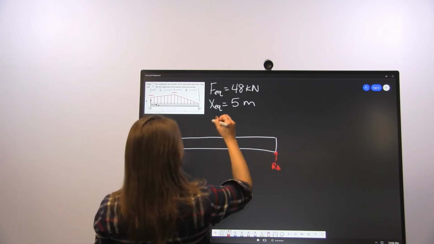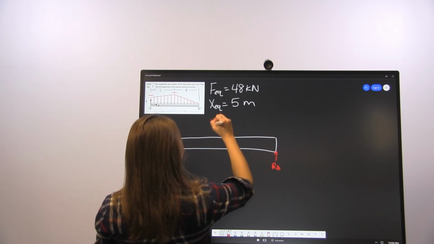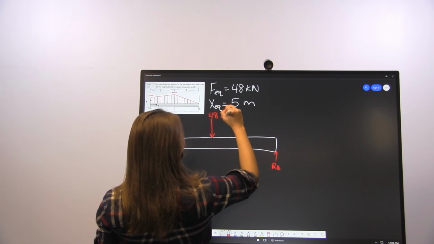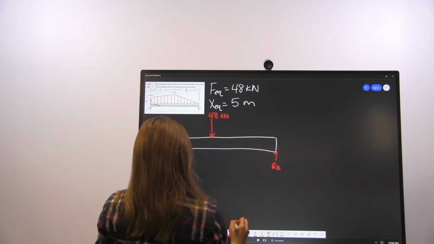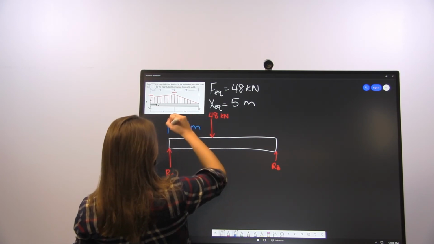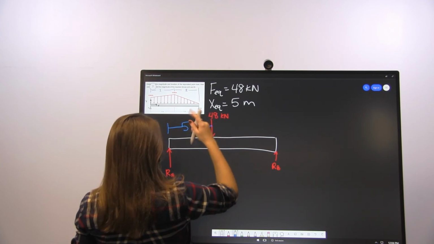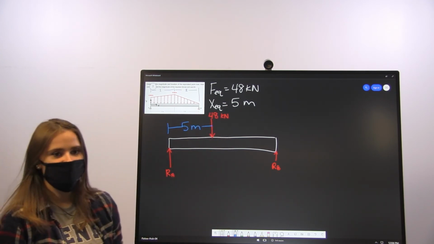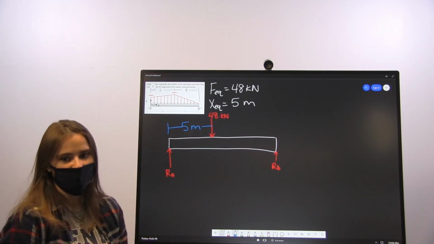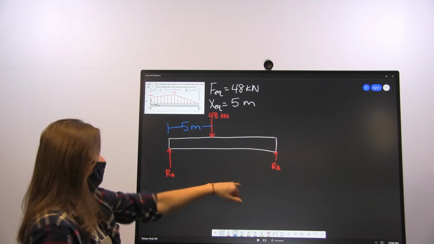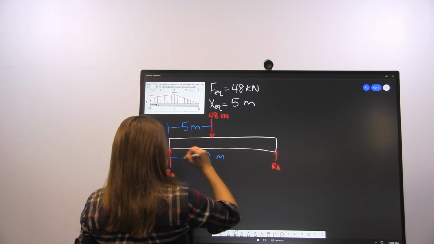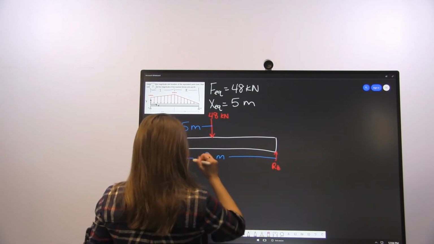So that's going to be 48 kilonewtons, and that's 5 meters from A. So doing this, we can use our equilibrium equations to solve for reaction A and reaction B. And then it's just 12 meters between reaction A and reaction B.